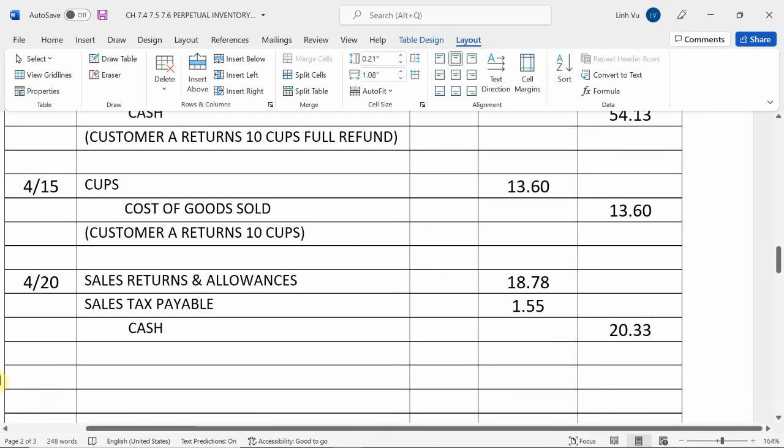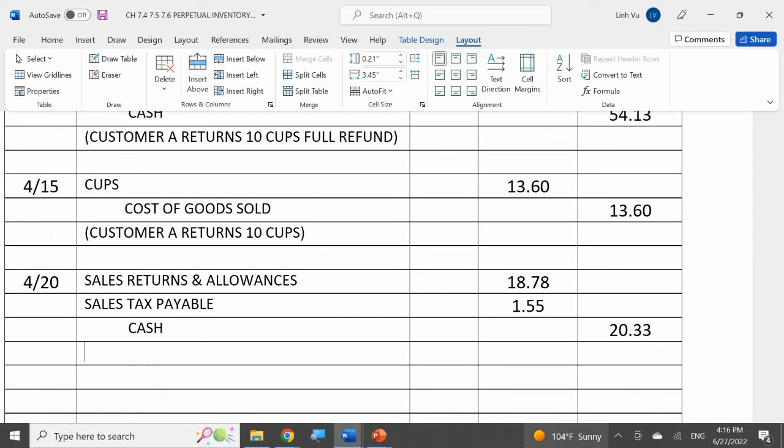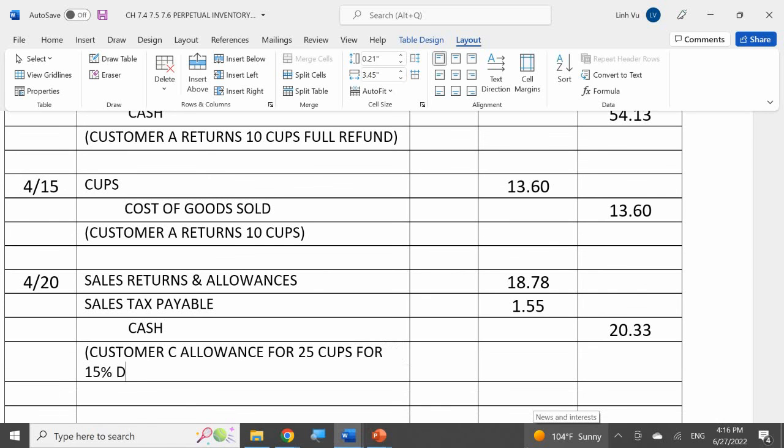So again, we can say customer C returns, actually, I guess I could put allowance for 25 cups for 15% discount.